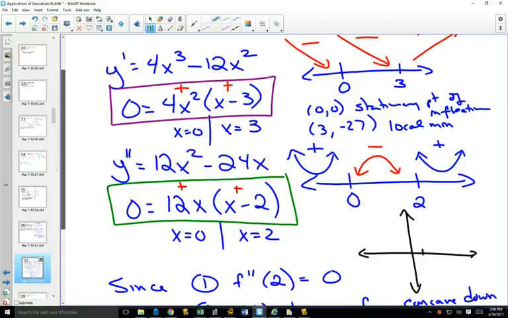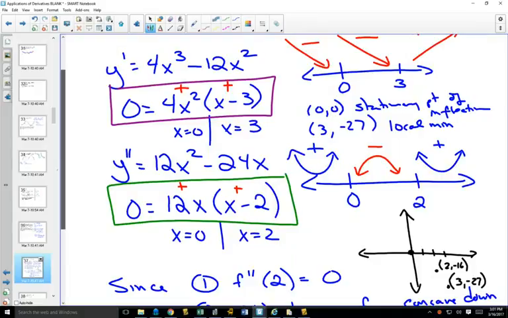So as far as my scales go, I'm going to make this 3, negative 27. 2, negative 16 would be about there. 0, 0, well, that one's pretty good. That'll be there.